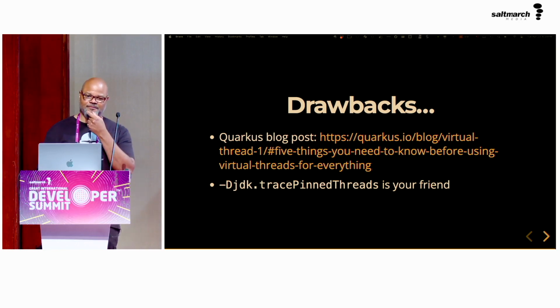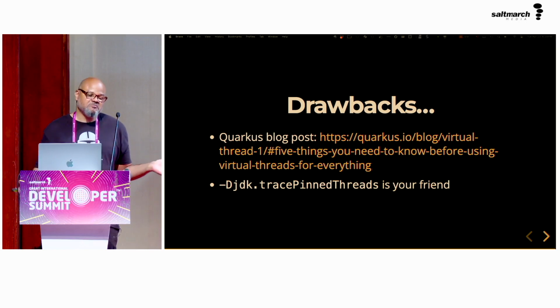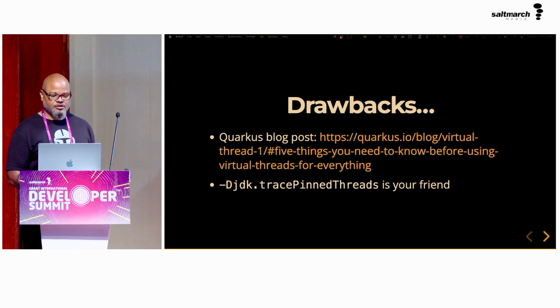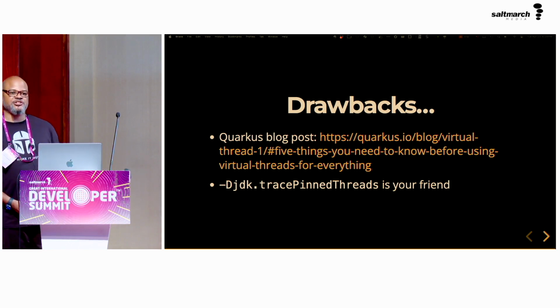I looked through Log4j, and they're using synchronized in a few places, and those aren't fixed until Log4j 3, which is in beta. So if you use Log4j, you may end up in a situation where it's pinning a thread. So this is why I think, if you're really interested in doing this, set it up, get it running, run your tests, use trace pinned threads and see what you can find, and if there are any major issues that need to be handled.